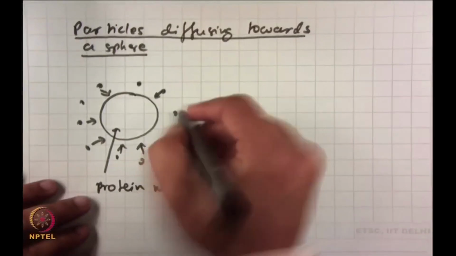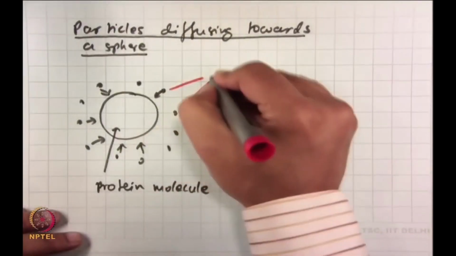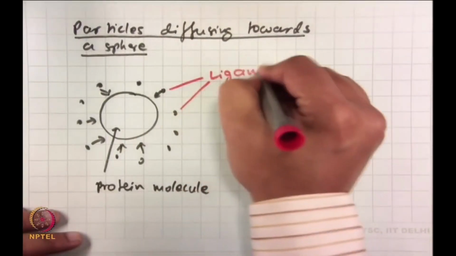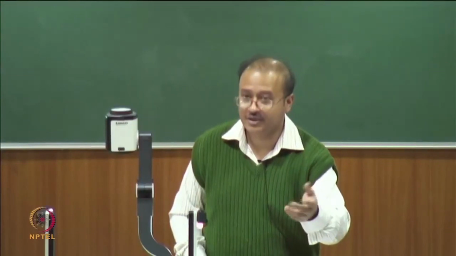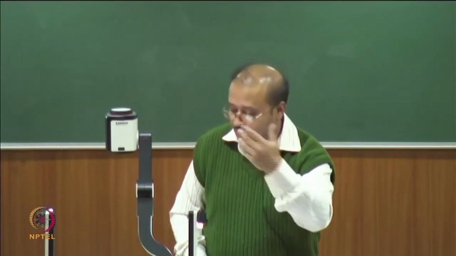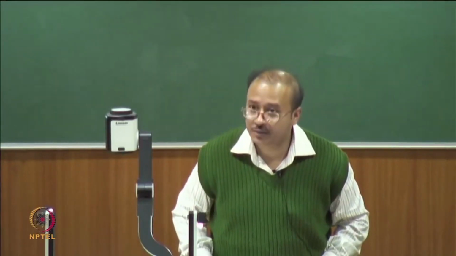So, these small ones can be, say, certain small ligands. If you think about enzyme catalysis, what will happen? The substrate has to diffuse towards the enzyme. So, the enzyme is a protein, and the substrate, which is say a small molecule, is what you are looking at as the dots surrounding the spherical particle.